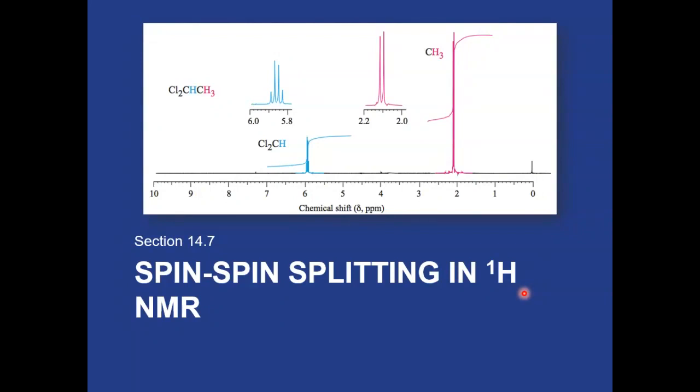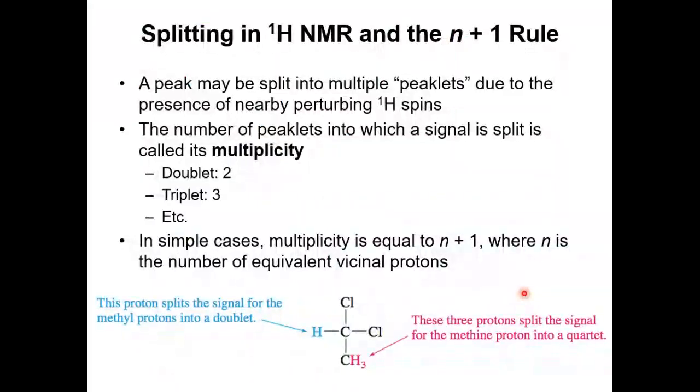But if you carefully look at the proton NMR signals of organic compounds, especially with a high resolution instrument, you will see that in many cases the NMR signal can be split into multiple peaks or multiple lines because of the presence of nearby, so-called influential proton spins.